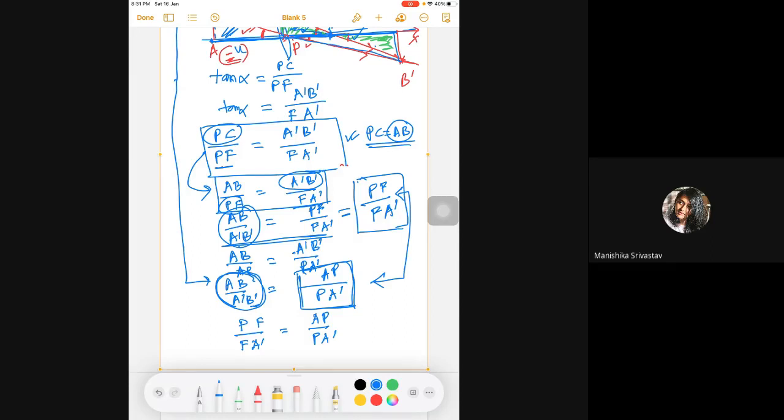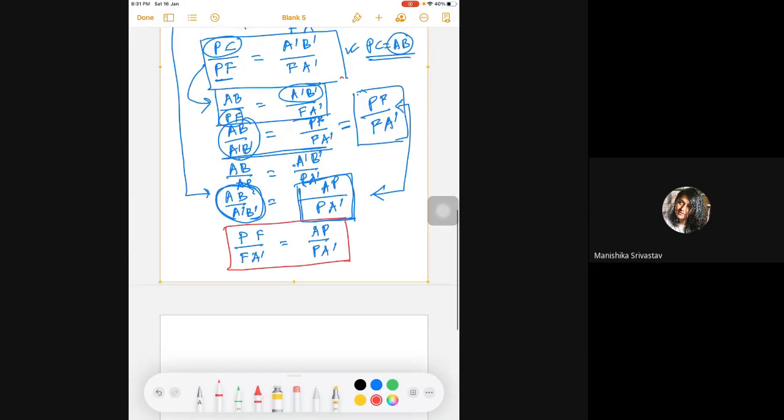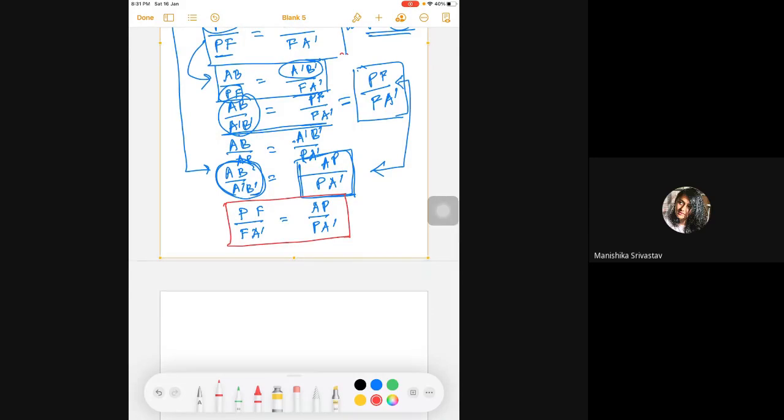Clear? Yes sir. So this is the ultimate result, the formula we got. Now you just put the value of PF, FA, AP, all this.